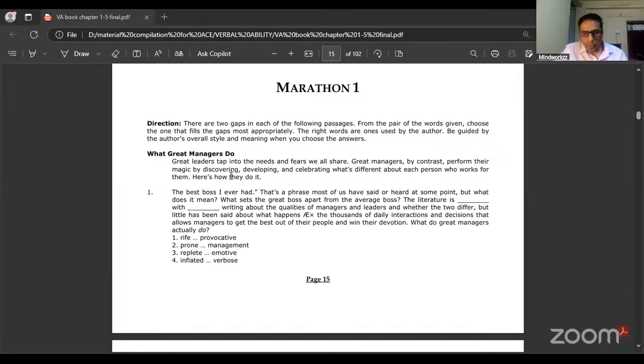Now, the exercise looks like fill in the blanks, but what actually do we do when we create a blank in a passage? How does it test your comprehension?